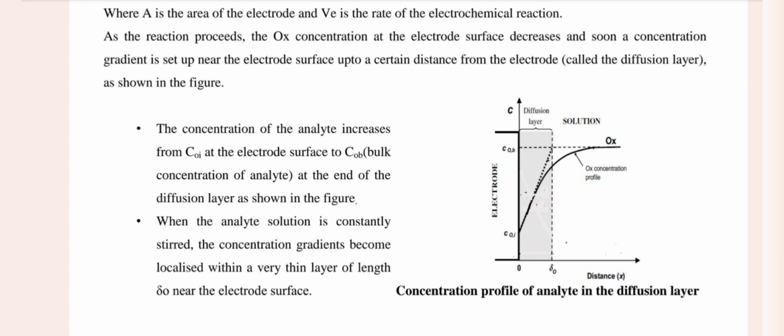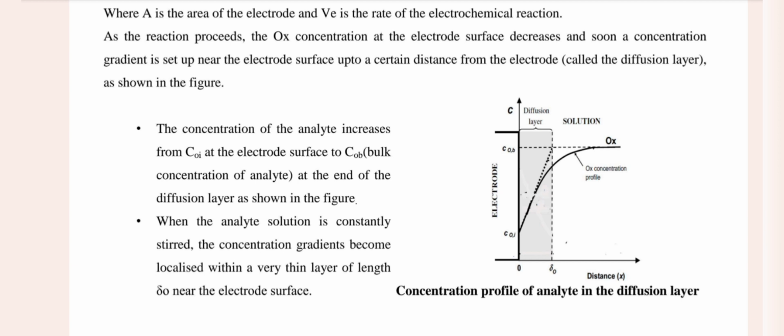When the analyte solution is constantly stirred, the concentration gradient becomes localized within a very thin layer, so the diffusion layer thickness is very small. This is shown in the concentration profile of the analyte in the diffusion layer. On the x-axis distance is given, and on the y-axis the concentration. At the electrode the concentration is C_OI, and it increases to C_OB as the distance increases.